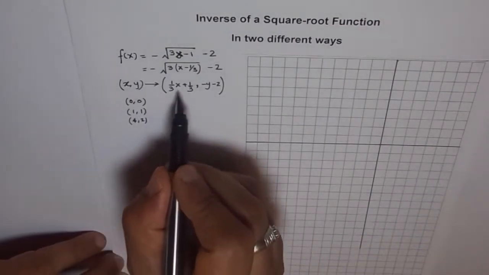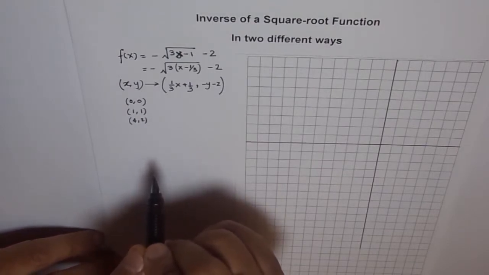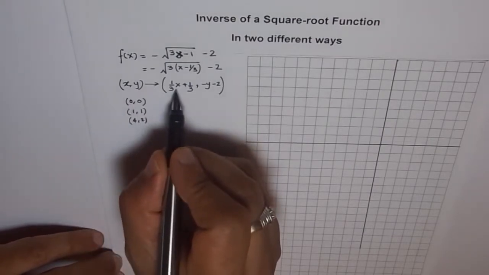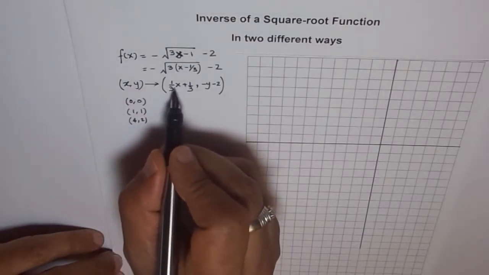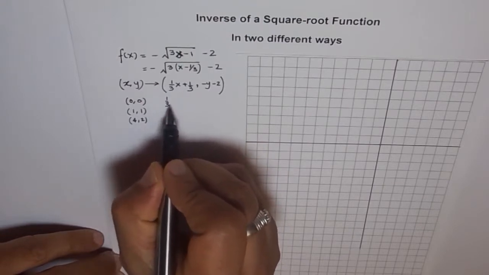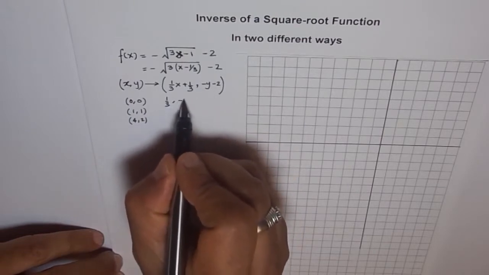So if it is 0, 0, then on the transformed function, what is going to be my value? If I plug in 0 here, I get 1 over 3 times 0 is 0, plus 1 over 3, so I get an x value of 1 over 3. And the y value is 0, so minus 2.